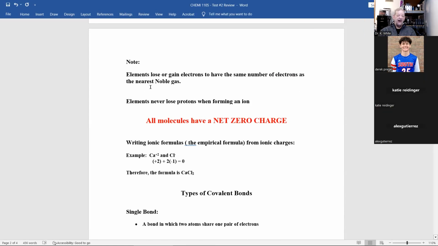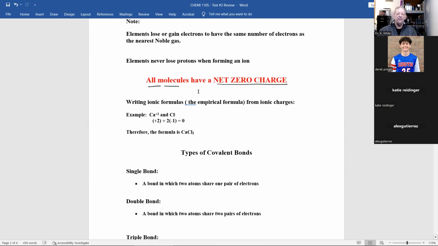And you saw how I did that. Remember, elements never lose protons to form an ion. And if you have more electron charge than protons, you get a negative ion. Now, an important thing, when I write things in red, it's important. All molecules have a net zero charge.